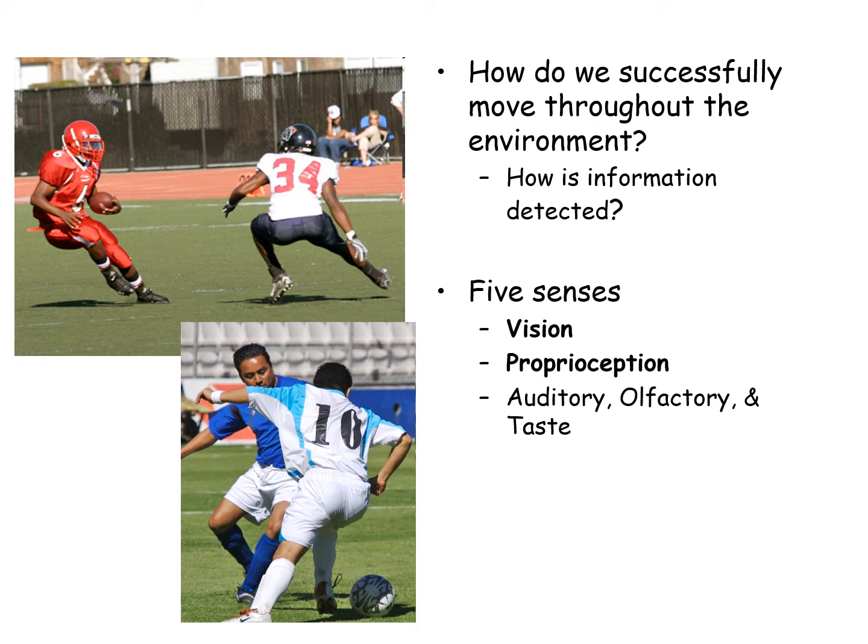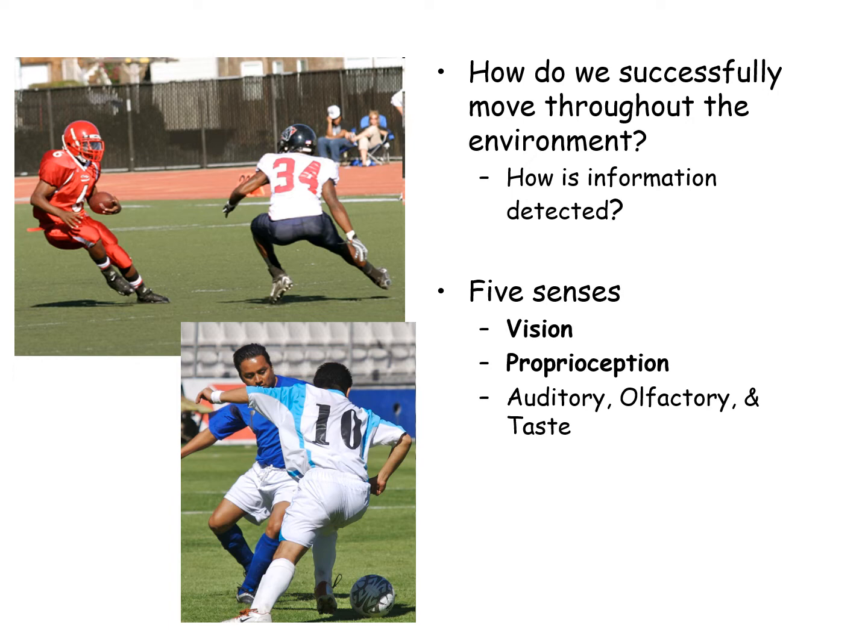Proprioception is the ability to detect or understand our limb and our body's position and posture in space. Our auditory system, our ears, especially our inner ear, helps with balance. Our olfactory system, our sense of smell, and our sense of taste. Those are our 5 senses. Obviously, if you've seen the movie Sixth Sense, it doesn't really exist.